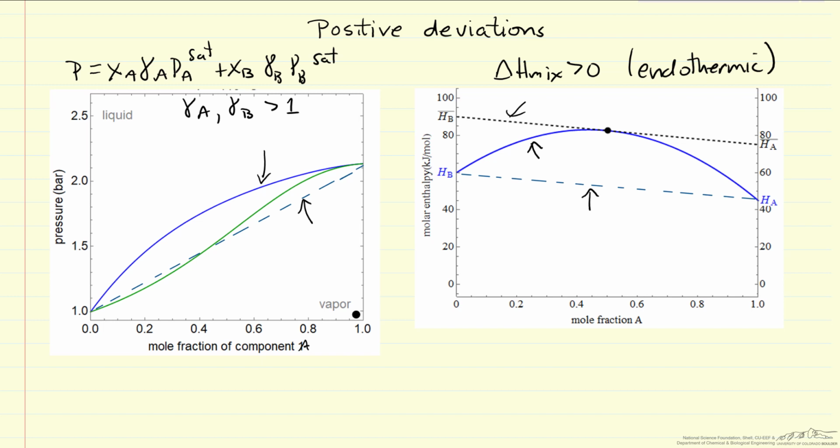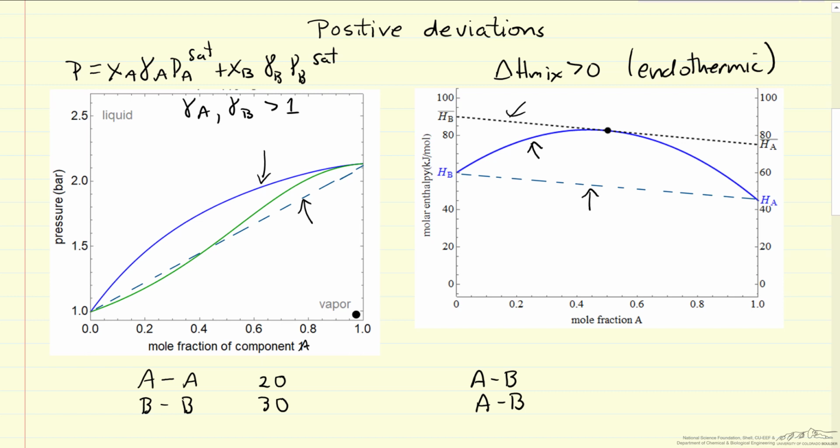So let's just make up some numbers to help visualize what we're talking about. I'm not going to put units here. Let's suppose the interaction between A and A molecules, the forces that keep A in the liquid phase, is 20 in some energy units, and for the B molecules, it's 30. In the mixture, we're going to have interactions between A and B molecules also.